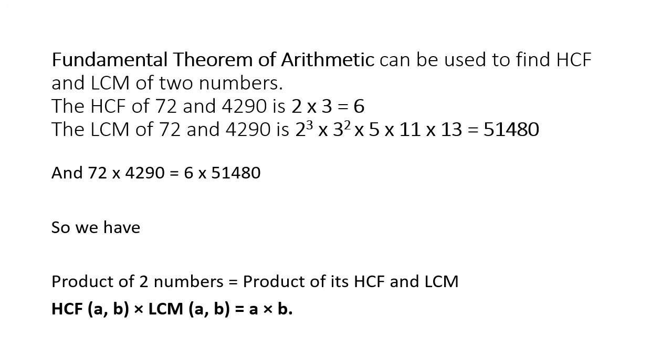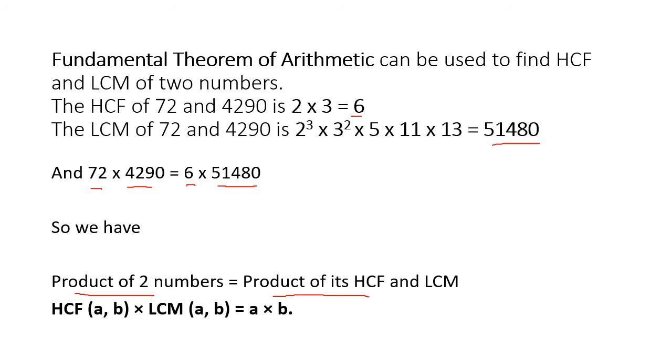The HCF of 72 and 4290 is 6 and the LCM is 51480. Now check, when I multiply the numbers 72 and 4290, and I multiply the HCF and the LCM, I get the same answer. So here we have a new rule: if you multiply the HCF and LCM, it is also the product of the two numbers.